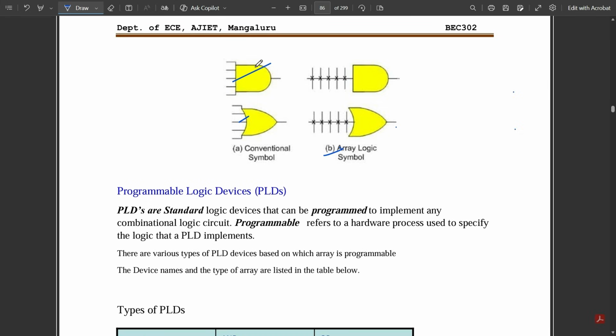So five inputs in terms of array could be represented like this in a single line, which is passing through diagonal lines, so that intersection points would be generated with respect to horizontal and vertical lines, and those intersection points would be the number of inputs. Like this the array logic symbols are represented for AND and OR gates. Okay, so note it down.